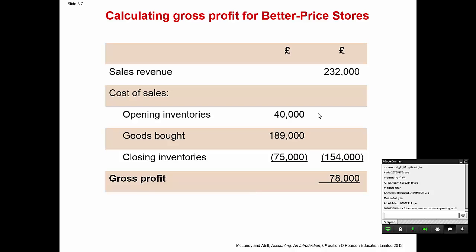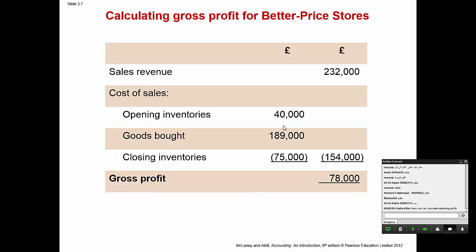And during the year, from the beginning until the end of the year, you bought new products for 189,000. So at the end of the year, your inventory will be 40,000 plus this one.